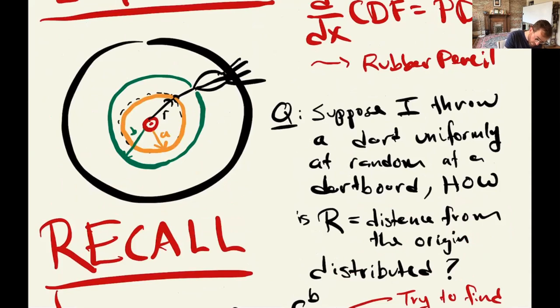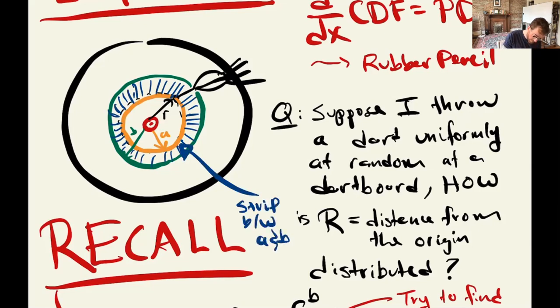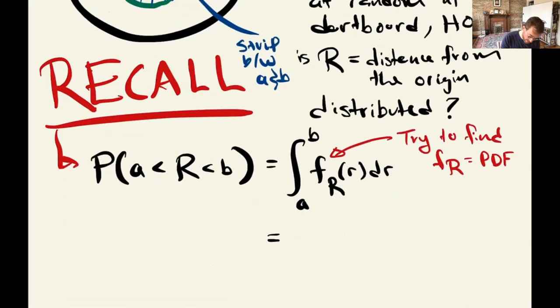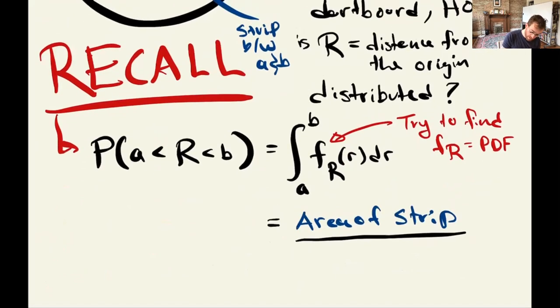The probability is the area of the strip between A and B, that's the area we're trying to find, relative to the area of the dartboard.